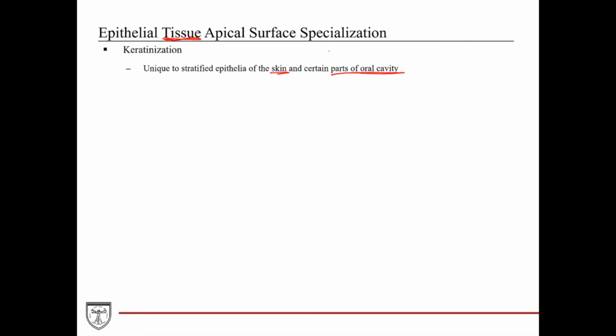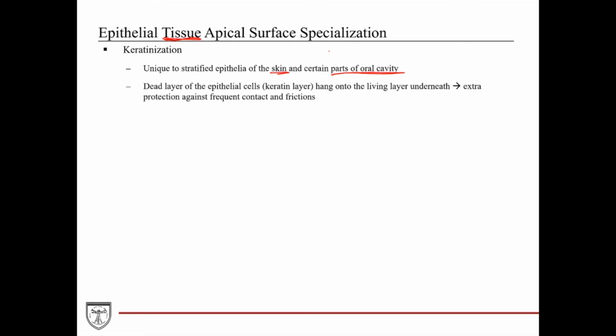And what keratinization really is, is just a layer of dead epithelial cells that are still hanging onto the living cells underneath. So these dead cells are essentially providing an extra layer of protection against any microbes that we might come in contact with or force and friction.